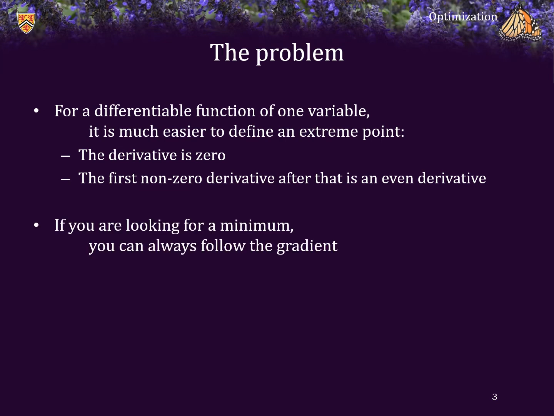Now, whether or not a function is differentiable, you can always find a minimum, or at least try to find a minimum, by following the gradient. For example, if you are at a point x0, you can check if the derivative, assuming it exists, is greater than 0, the minimum may be on the left.